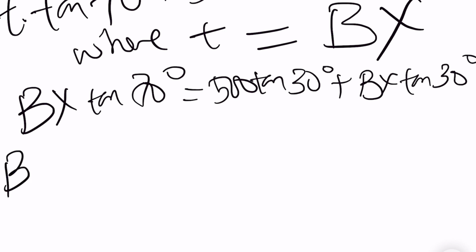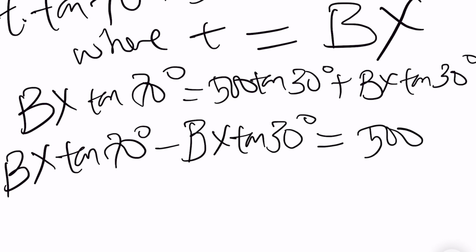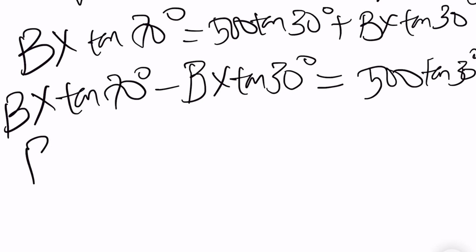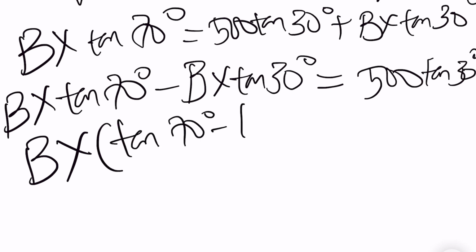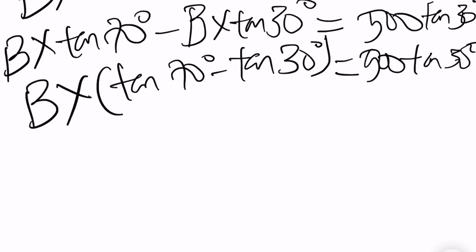We have BX tan 70 degrees minus BX tan 30 degrees equals 500 tan 30 degrees, so BX times (tan 70 degrees minus tan 30 degrees) equals 500 tan 30 degrees. Before we divide, what is tan 70 and tan 30? We have tan 70 to be 2.747.